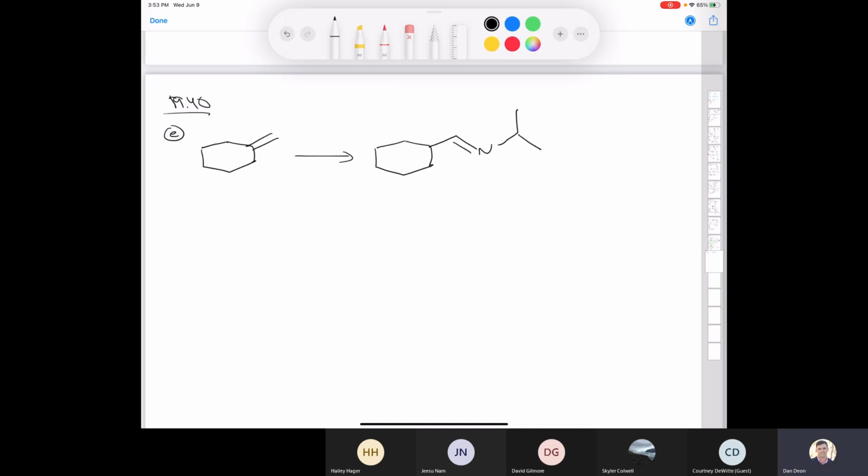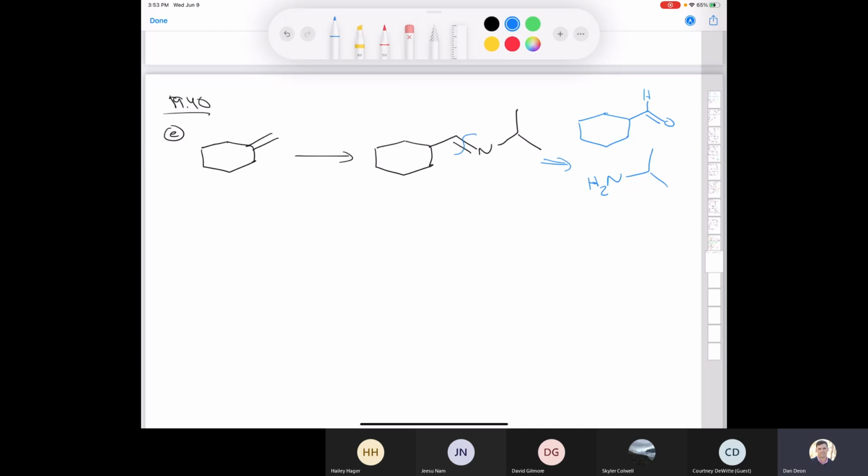Now, in terms of my retrosynthesis, I told you that since this is our enamine, I would have to have this aldehyde, I have the carbonyl here, and then I also need to have this amine. So I need to have isopropylamine. We'll look at amine nomenclature later on.